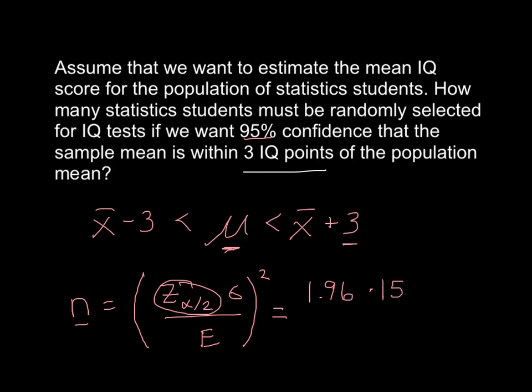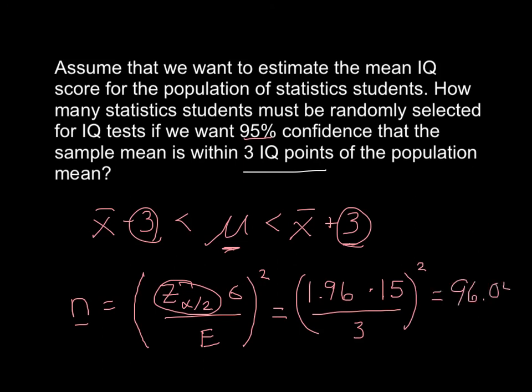We've done several examples of IQ scores throughout the book. And we want our margin of error in this problem to be 3. And so we're just going to plug this number into our calculator and square it. And when we do that, we get 96.04.